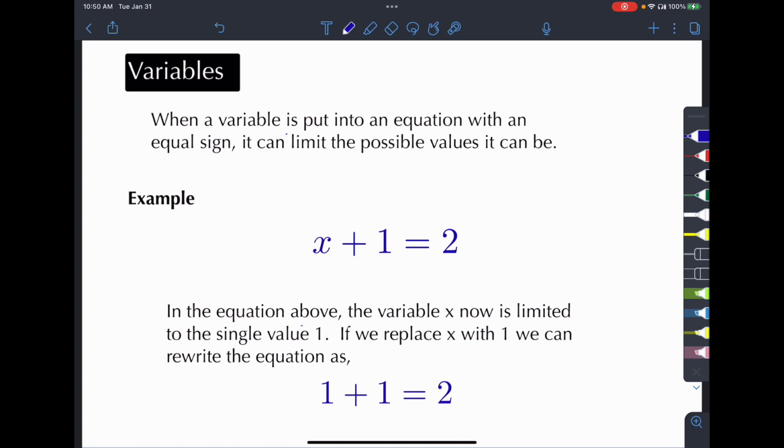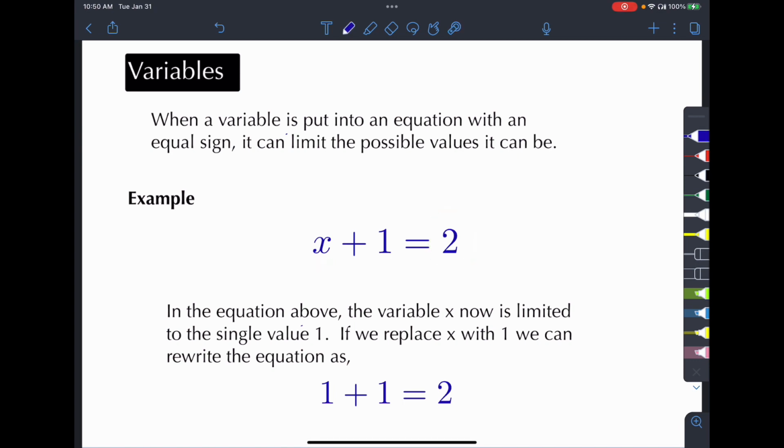When we put a variable into an equation with an equal sign, then we limit the possible values it can be. This part of the equation really influences this variable right here. Now, x can't take on just any value. Whatever x is here, we're adding 1 to it, and the result has to be 2.